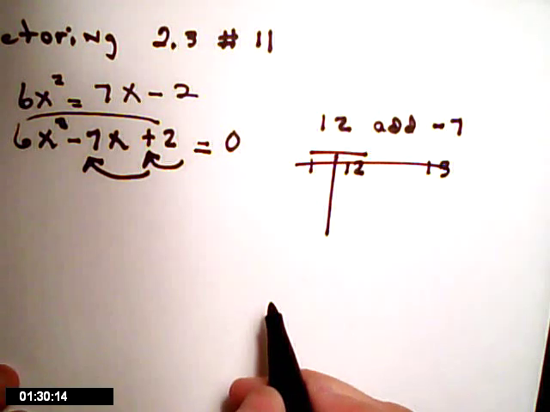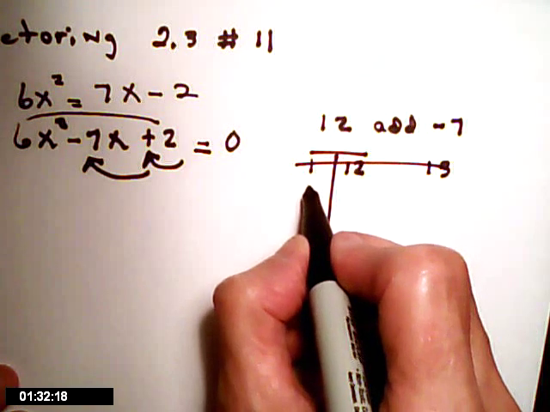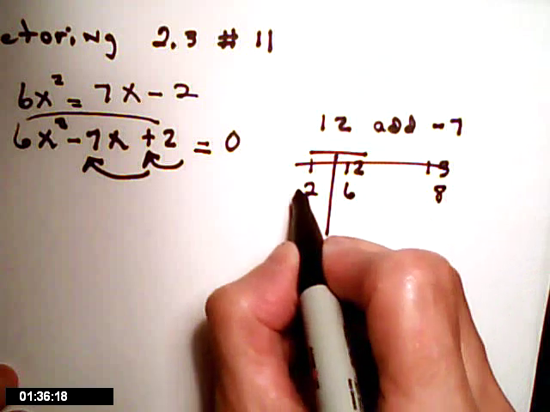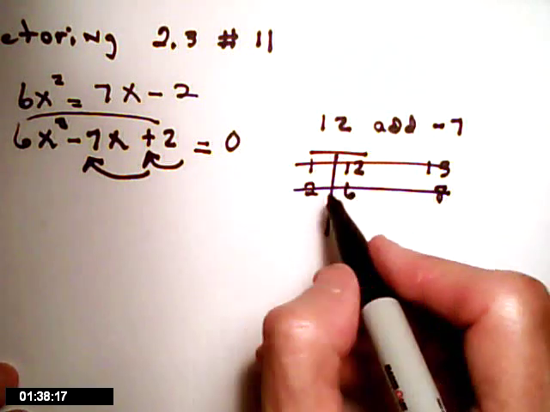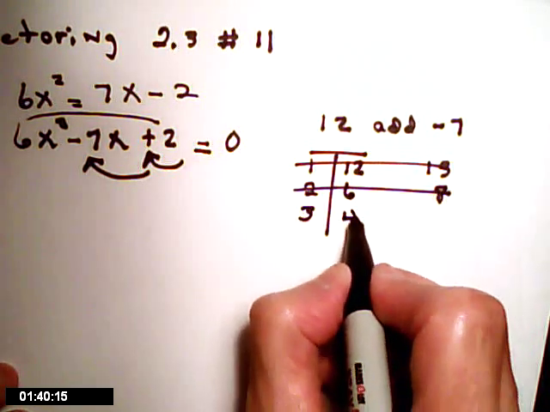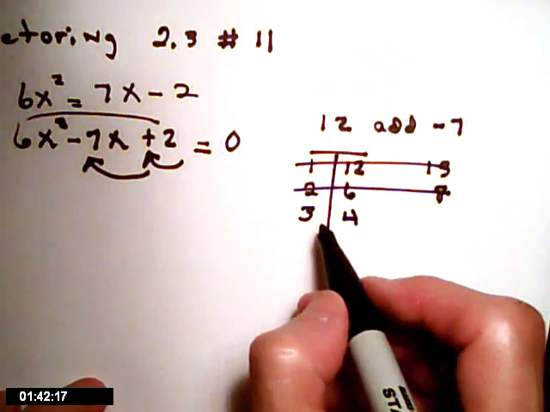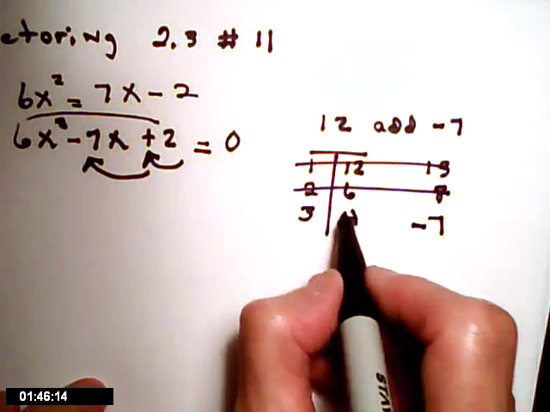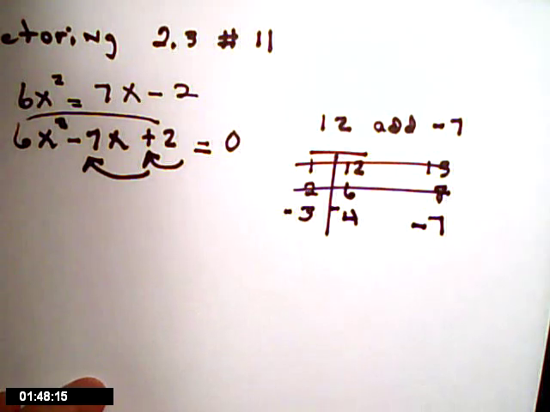That would not work. 2 times 6 is 12. If you add, you would get 8. That does not work. 3 times 4 is 12, and if I add 3 and 4, I do get a 7. Now, to get a negative 7, both 4 and 3 would need to be negative.